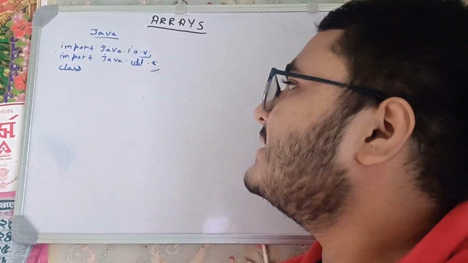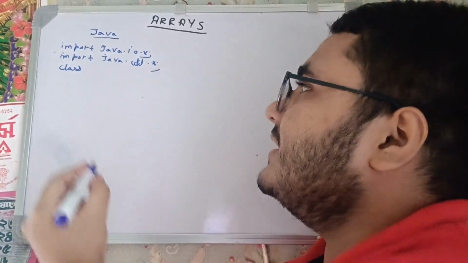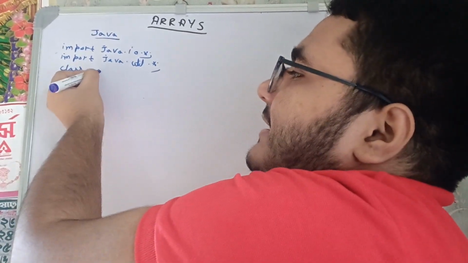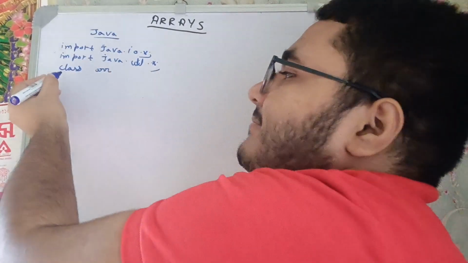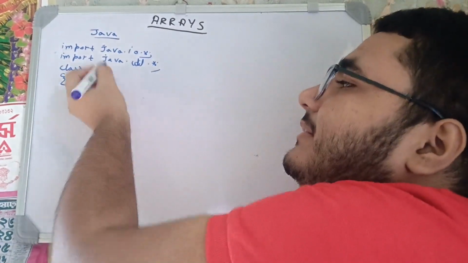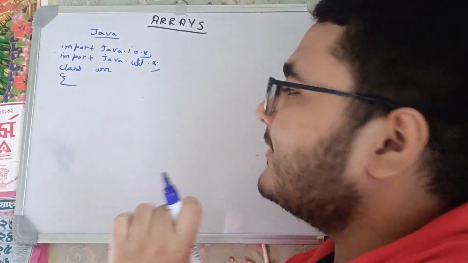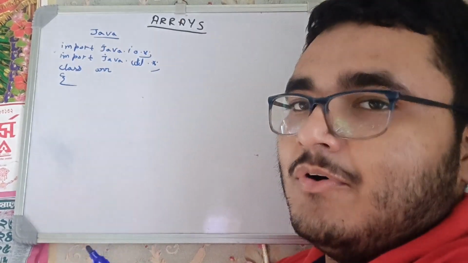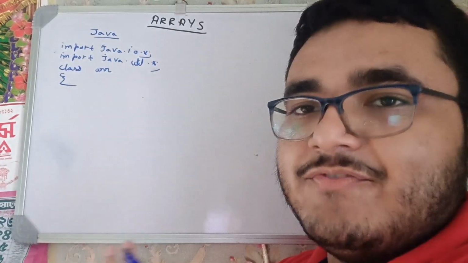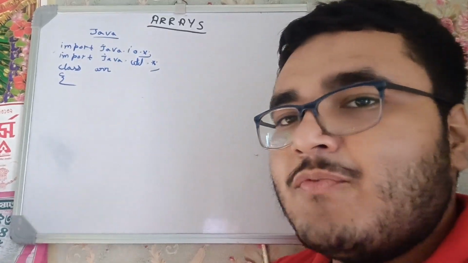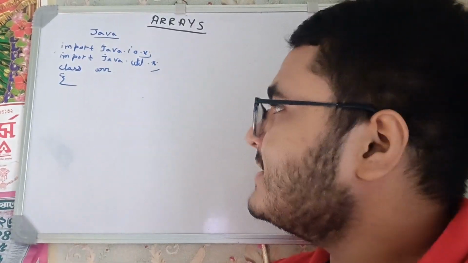Okay, now so class, say ARR. I am taking ARR for array. Now every program starts from its main function, right? In case of Java, what is the main function?